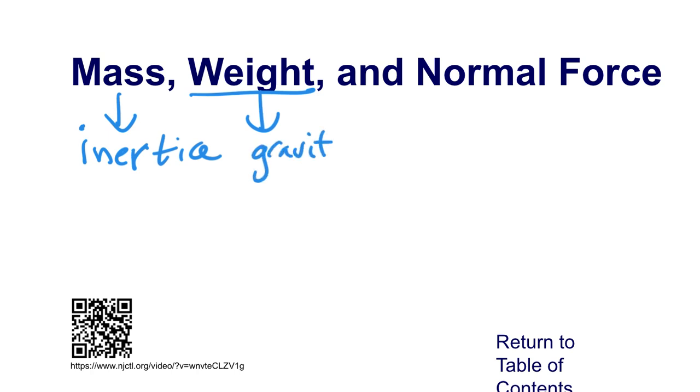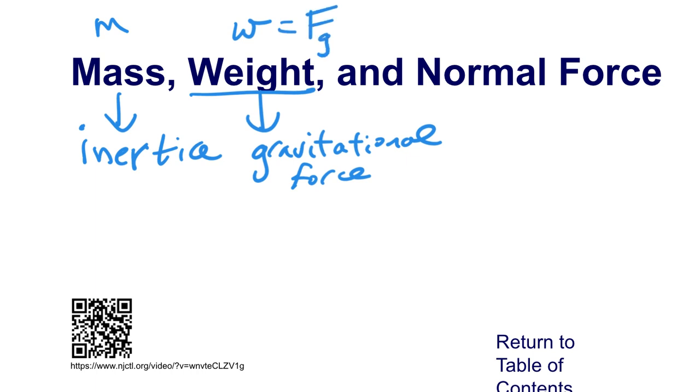Not little g, it is gravitational force. And we signify it by a symbol W, or force of gravity, big F, subscript G. Talk about normal force later. Let's focus on the relationship between weight and mass.